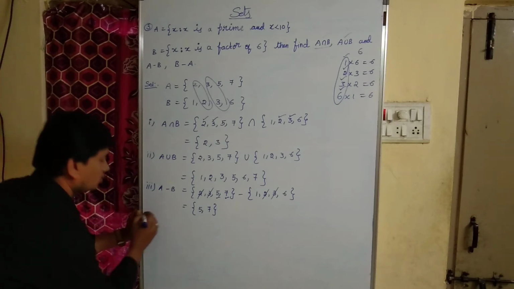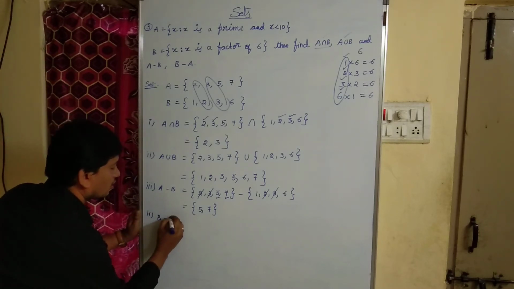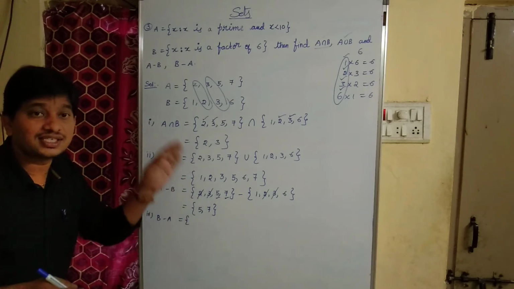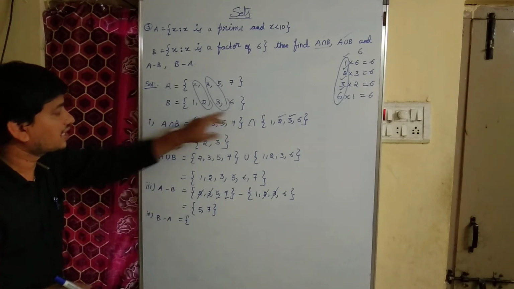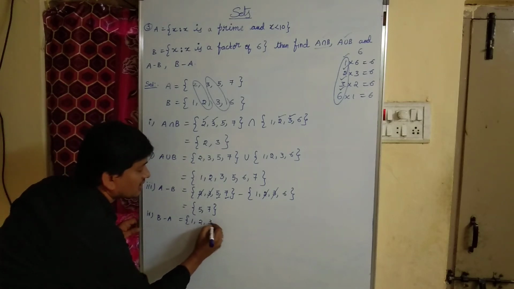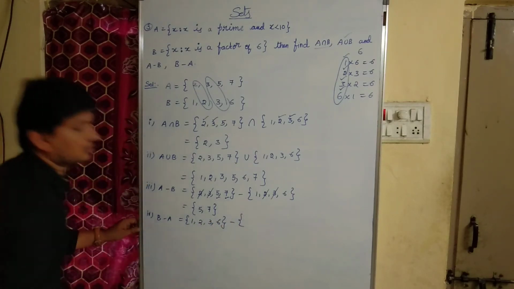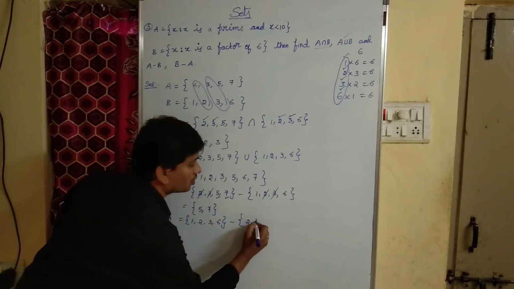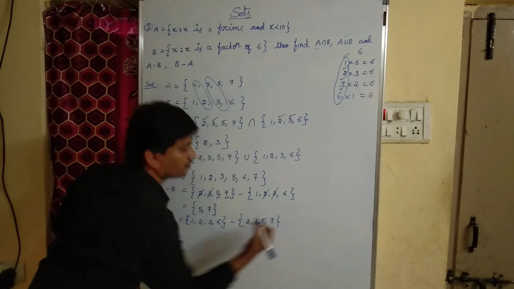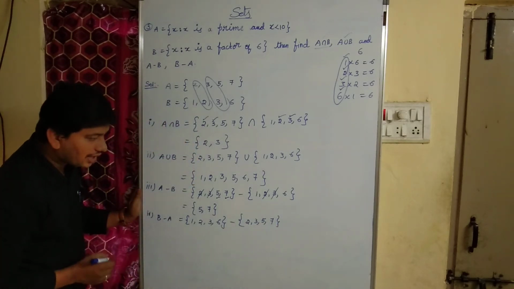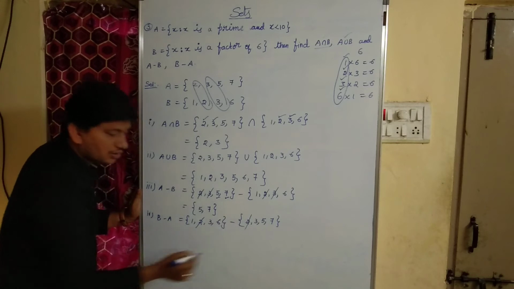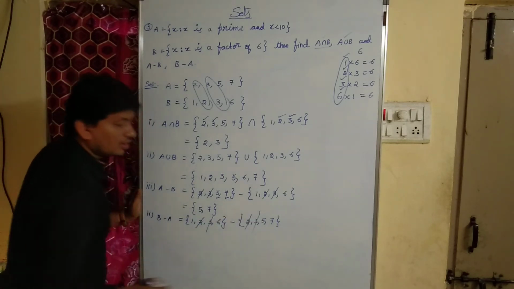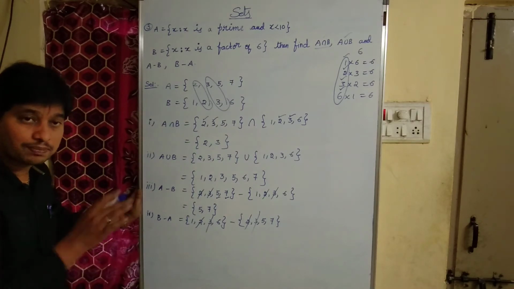Okay. Now coming to B minus A. B minus A means first we need to write the elements which are there in set B. Elements in set B are 1, 2, 3, 6, minus elements in set A, which are 2, 3, 5, 7. Now what are the common elements? As 2 is common, let us cancel because we are subtracting. As 3 is common, let us cancel because we are subtracting.